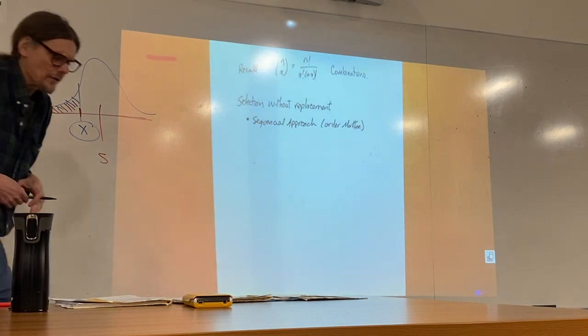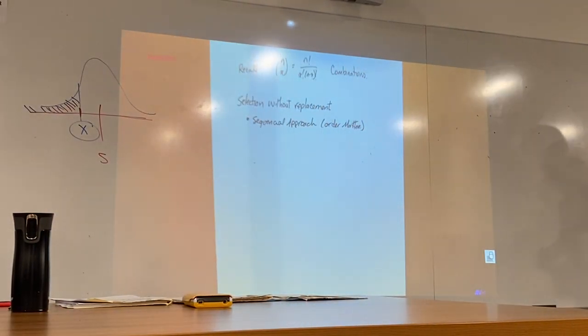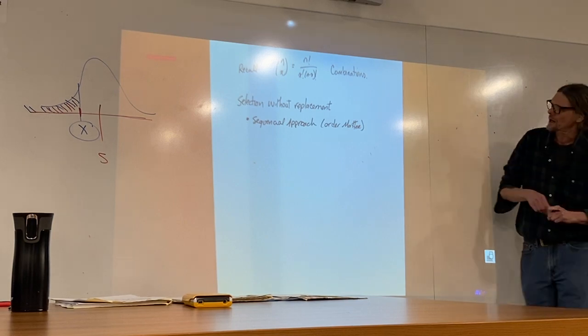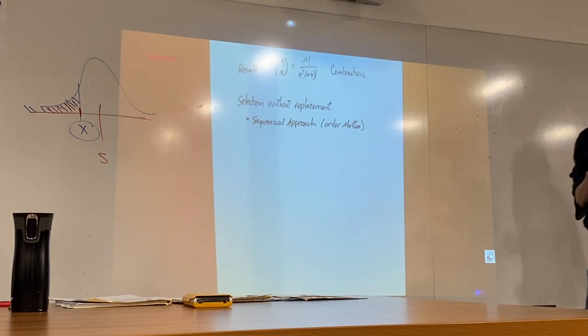By the way, I'm trying to avoid using the word, but if you've had a discrete math course, when I'm saying the sequential approach and order matters, what I'm talking about is permutations.